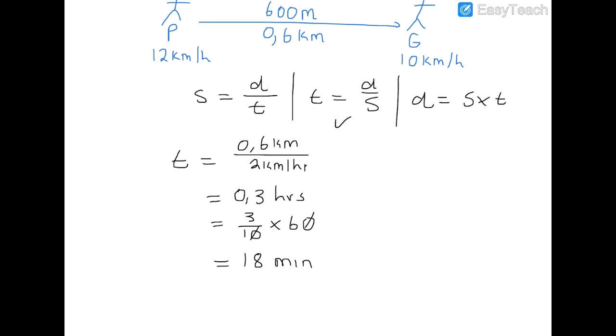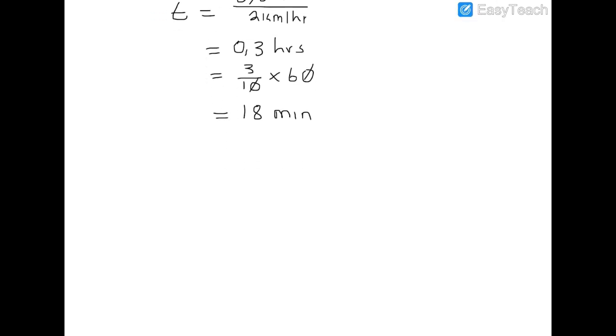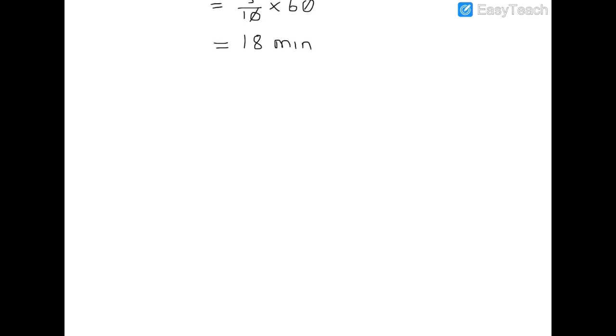Now I just want to discuss the second approach to this question. It might be important to you sometime in the future. Let's redraw the scenario. We have Pete here at 12 kilometers an hour, and Gert here, moving at 10 kilometers per hour.